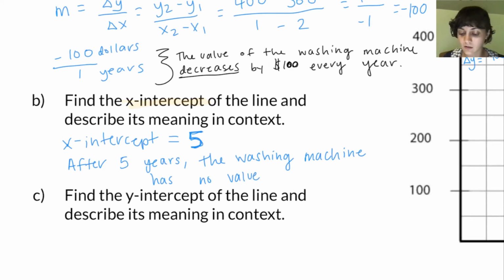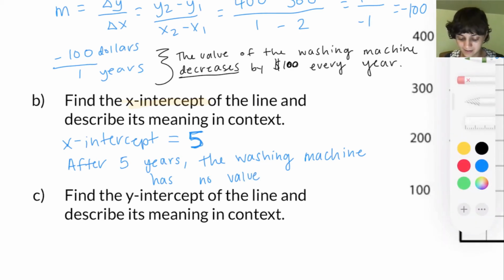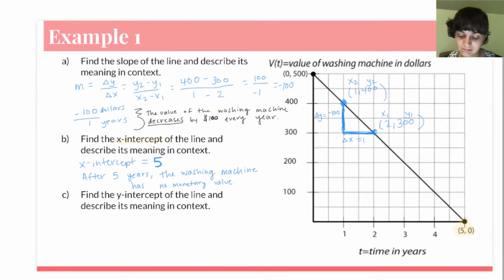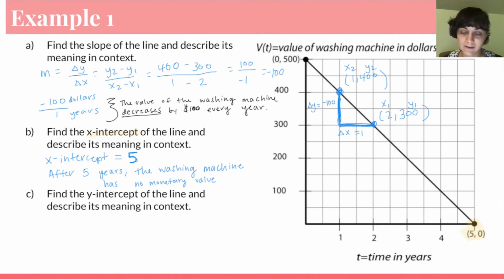Well, that's a little harsh. I'm going to say no monetary value, because you can probably still use it. Let's be specific. So it's worth $0 after 5 years. You can probably still use it to wash your clothes, but no one wants to buy it, according to this chart.